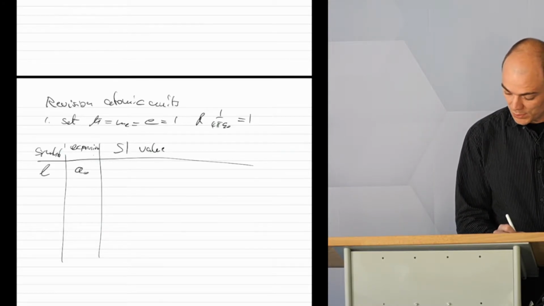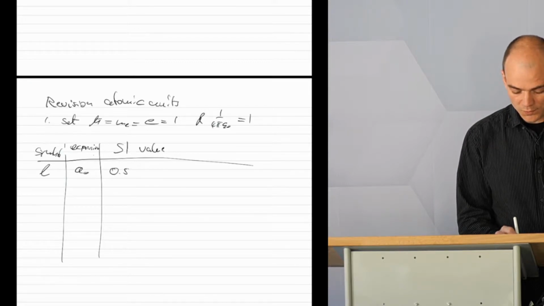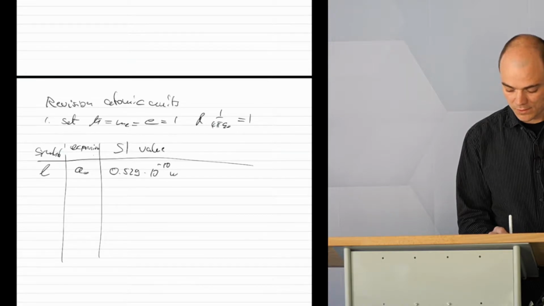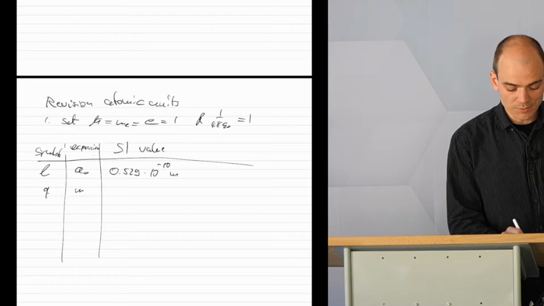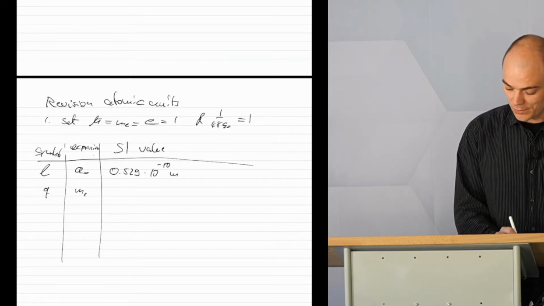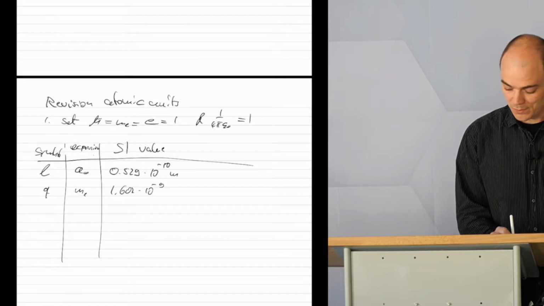This would be 0.529 times 10 to the minus 10 meters. And we already introduced the charge. That's the elementary charge, where we have 1.602 times 10 to the minus 19 Coulomb.